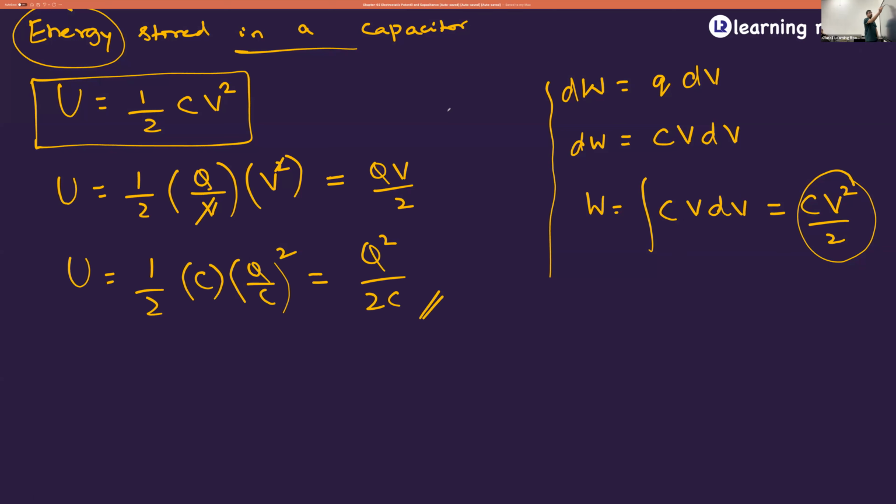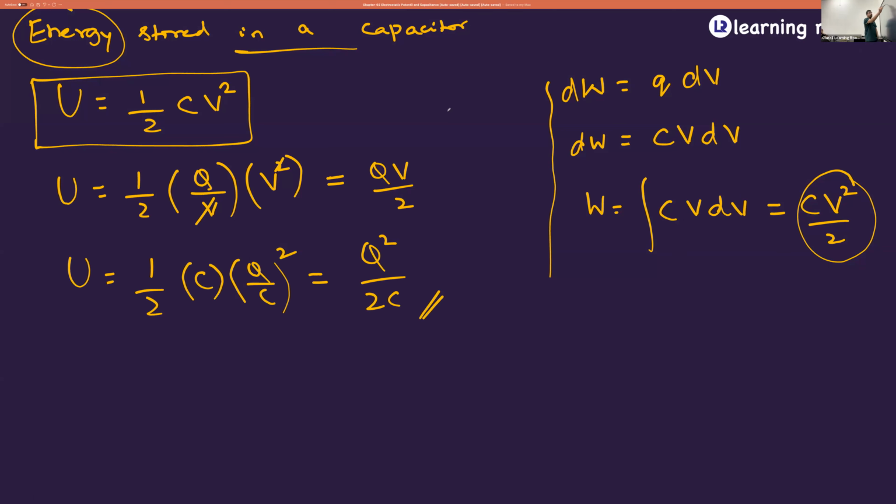Now, based on this, we also would have seen what is energy density, right? What is energy density? It is the amount of energy per unit volume. So the energy stored is half CV square divided by the volume of the capacitor.